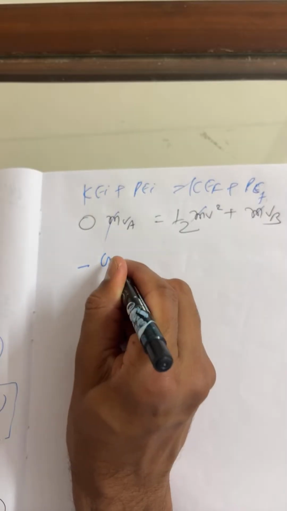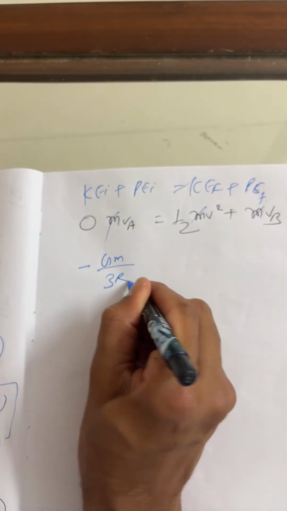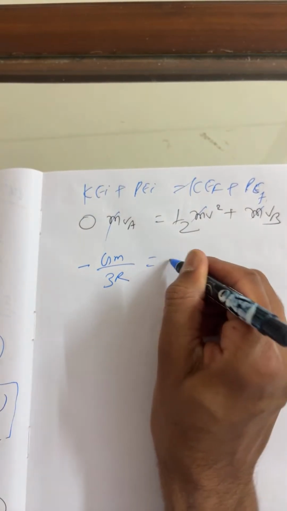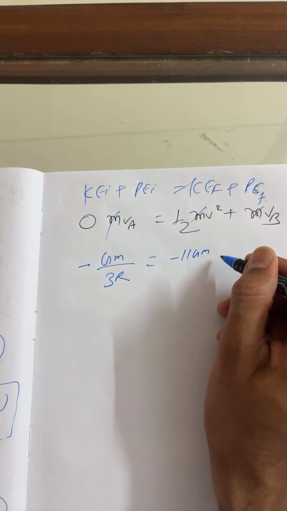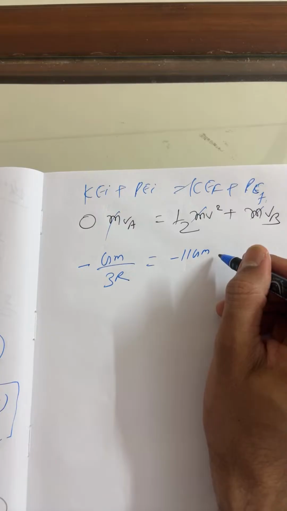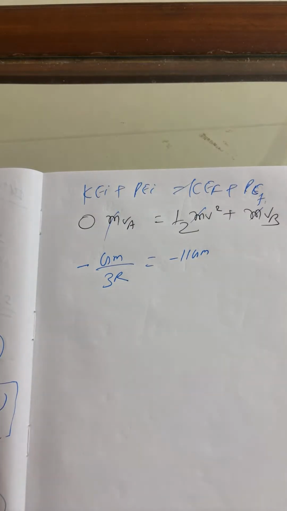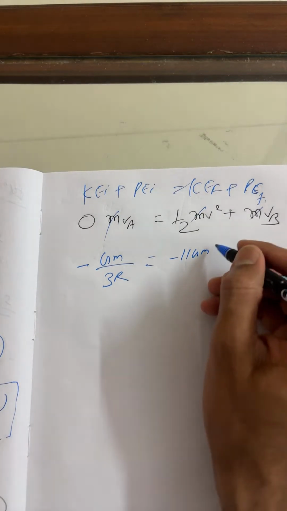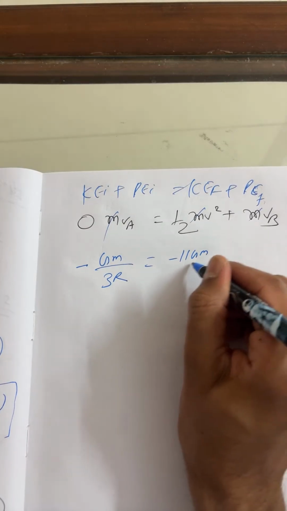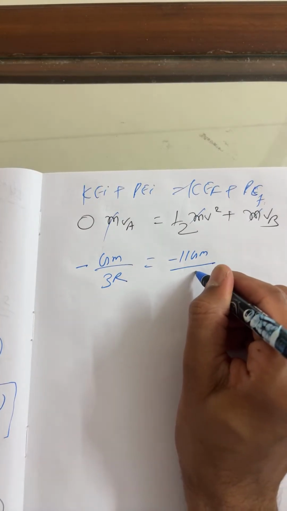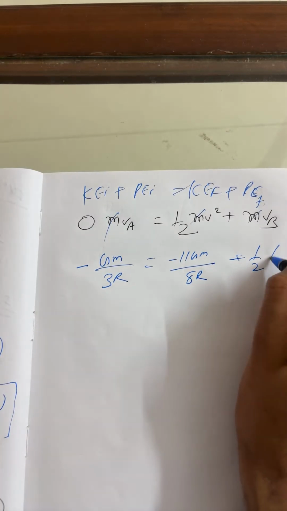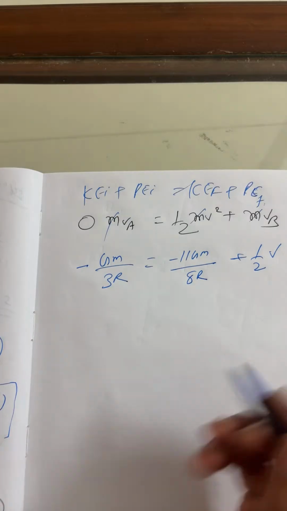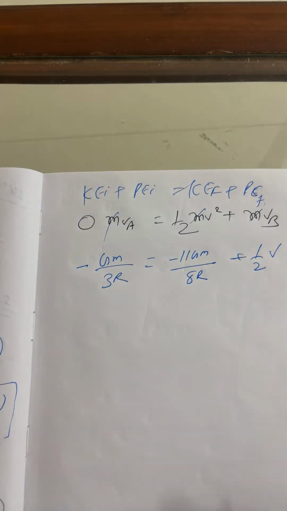So minus GM by 3R equals minus 11 GM by 8R plus half v square. Interchanging this, we can solve further.